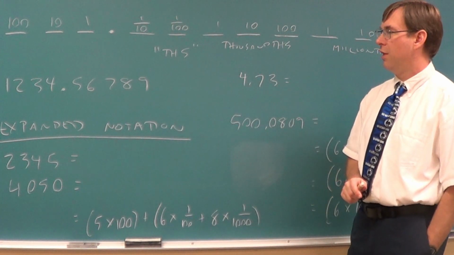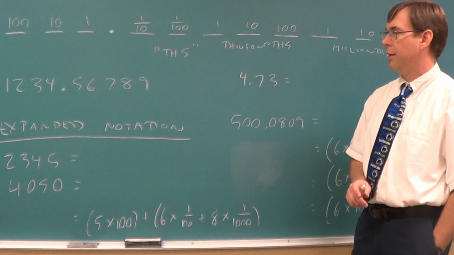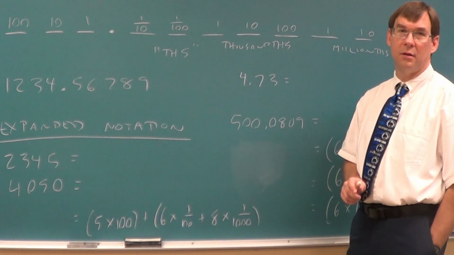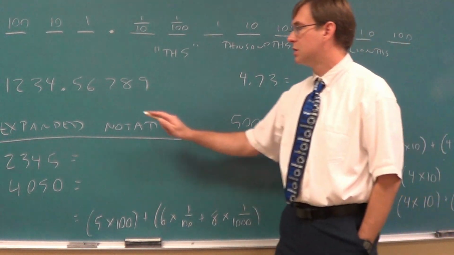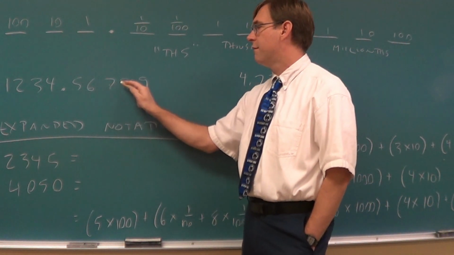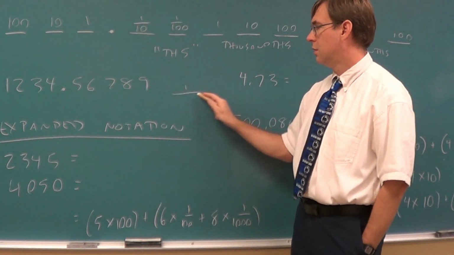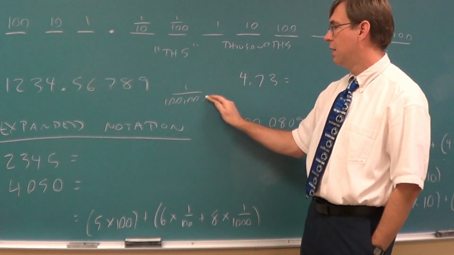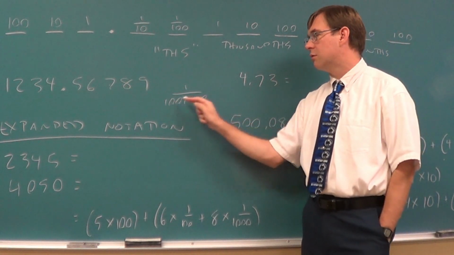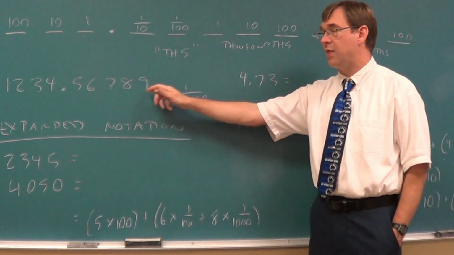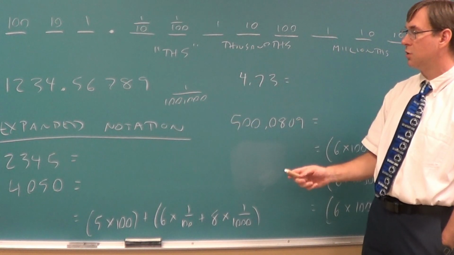How about the nine? That's the last one. That's the hundred thousandths. I would go like this: one, two, three, four, five, fifth position. So if we made a fraction, it would need to have five zeros. Five zeros is 100,000, so that is the hundred thousandths place.